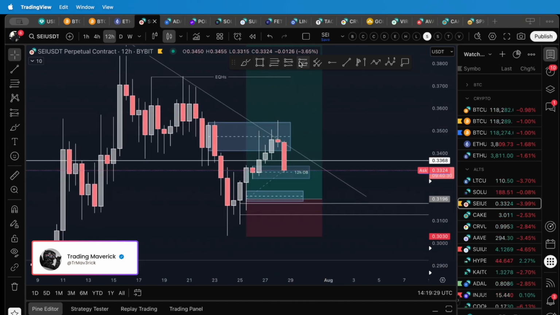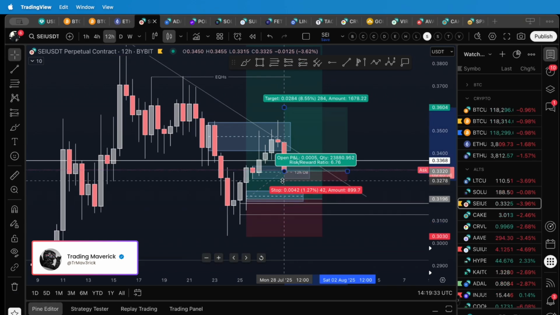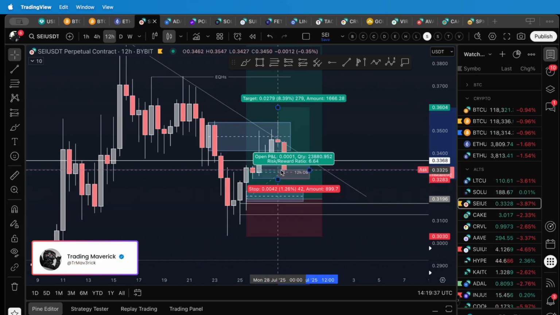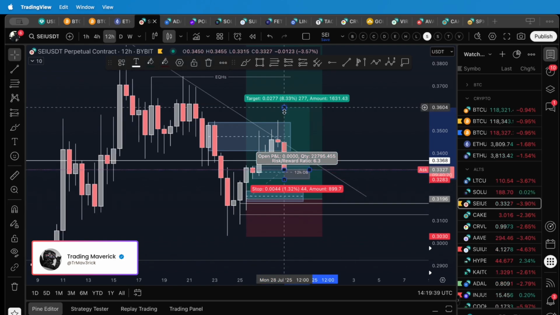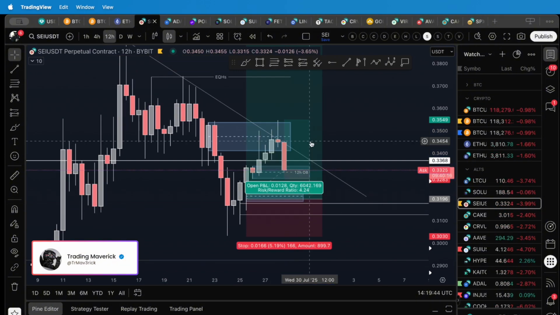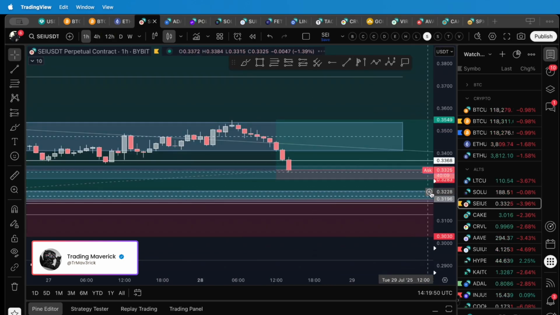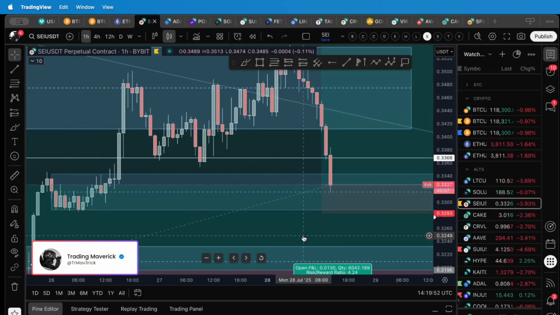Honestly, you could long right here, and put a stop loss just below the OB, and you get a super tight trade, and maybe target here or here. Doesn't really matter much, because it probably comes lower. But that's a scalp setup for today, if you want to take it.